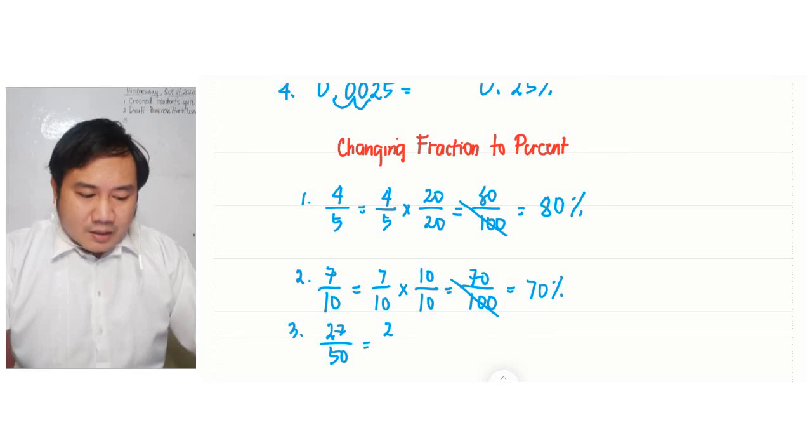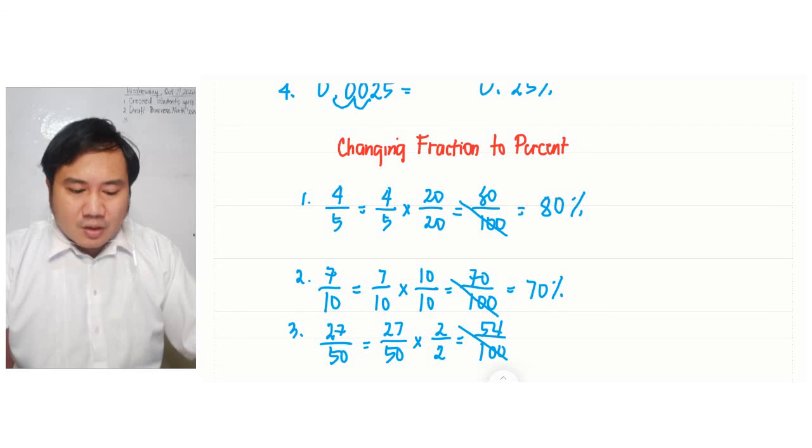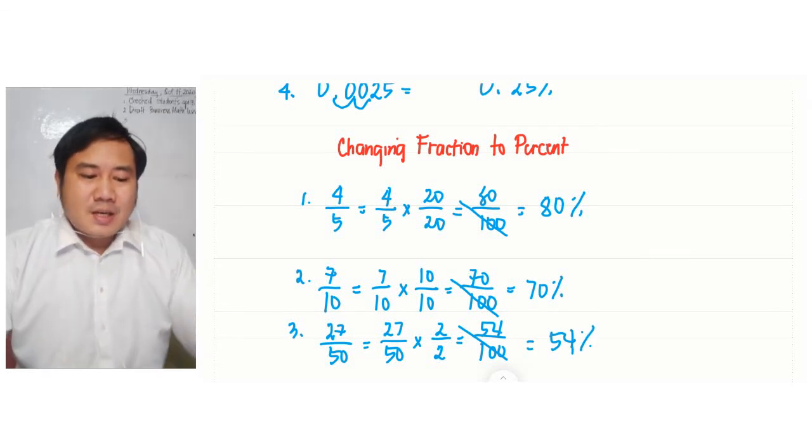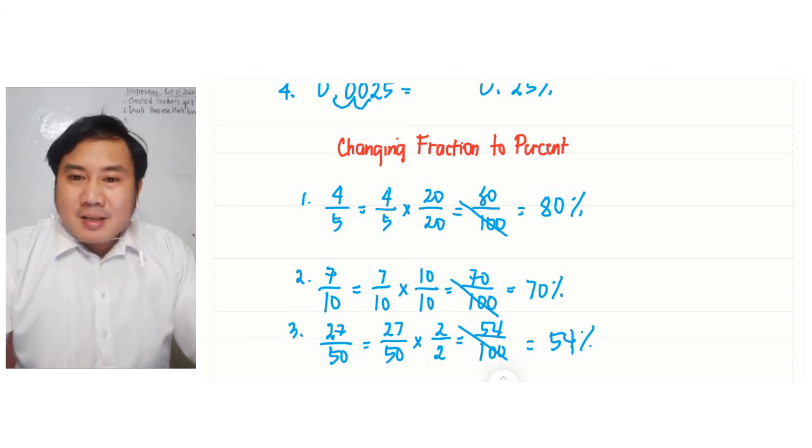So, para maging 100 yung denominator, let us multiply the numerator and the denominator by 2. So, 27 times 2 is 54 over 100. So, cancel the denominator, palitan natin ng percent sign. Okay? And that's how we change a fraction to decimal and decimal to percent as well as fraction to percent.